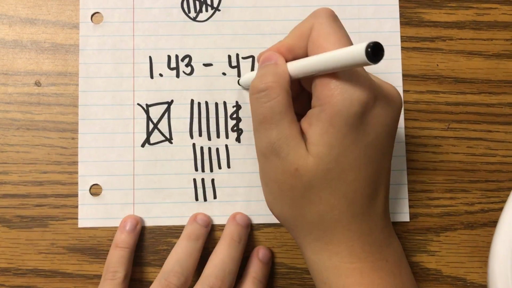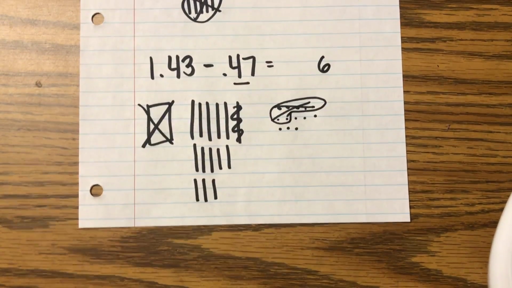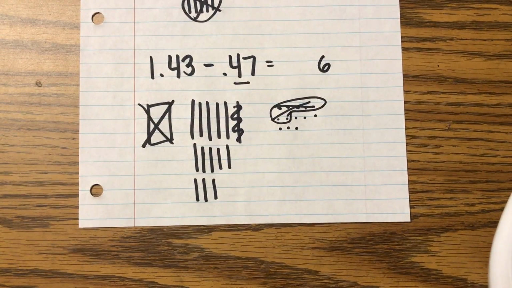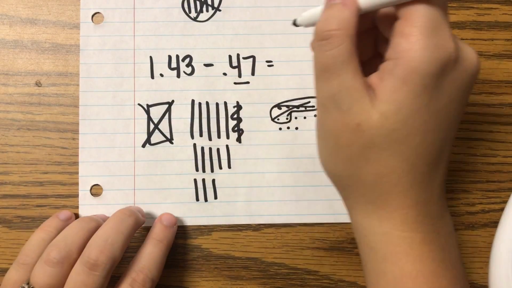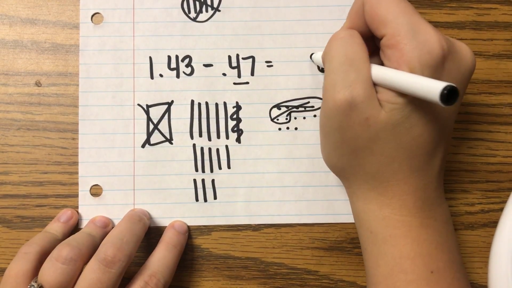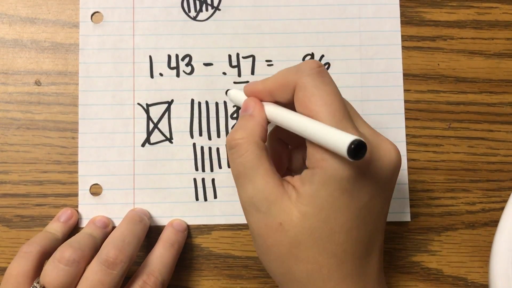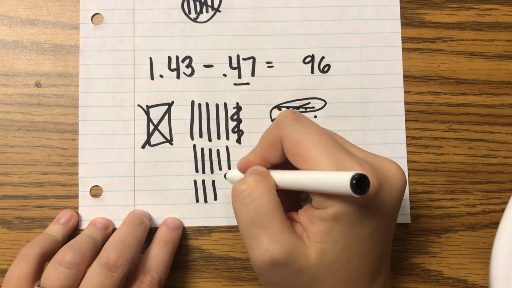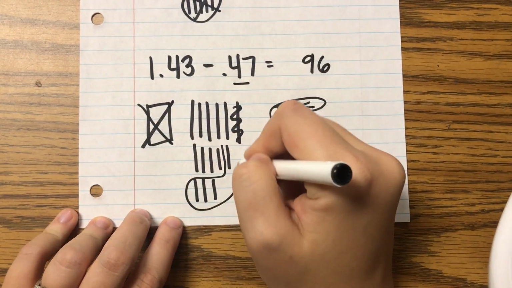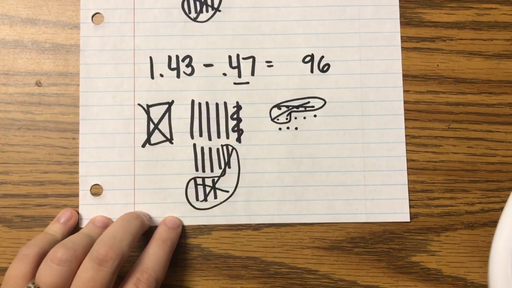And since I need to take away 4, can I do that now? What is 13 minus 4? 9. So what digit goes in my tenths place? So 1, 2, 3, 4, and there's my 9.